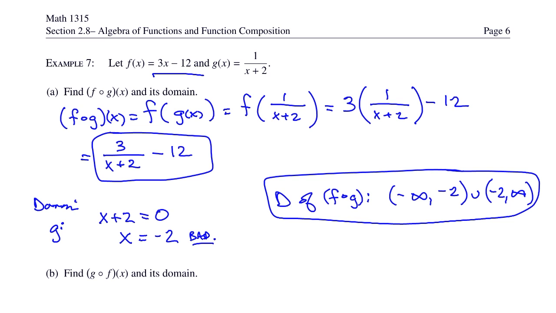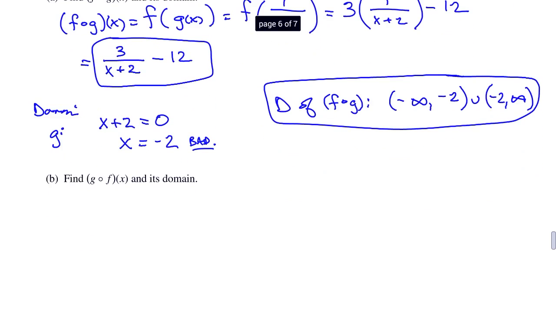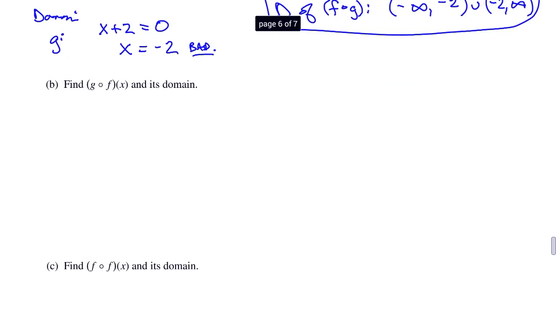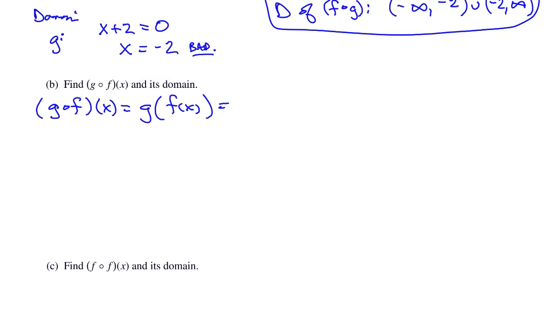Let's look at example 7b. Find g composed with f of x and its domain. So g composed with f of x is g of f of x. And now we take the f function and we're going to evaluate that inside of g. So f was 3x minus 12.